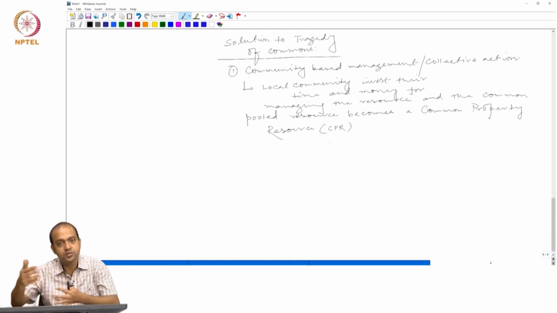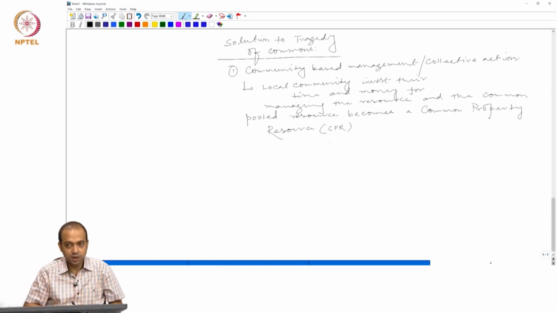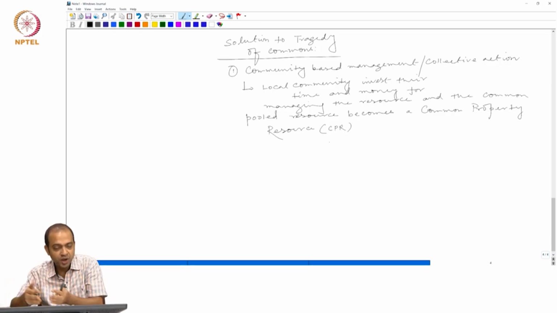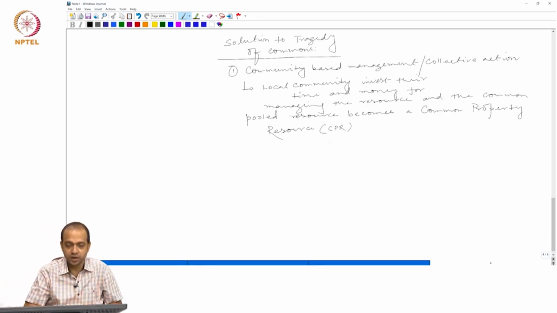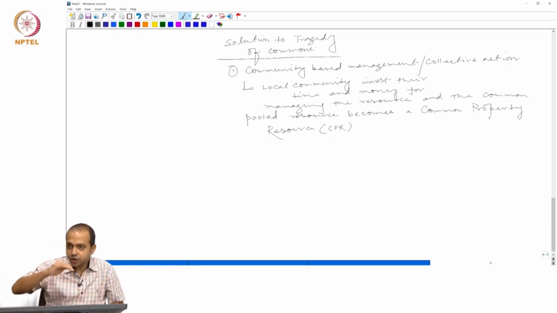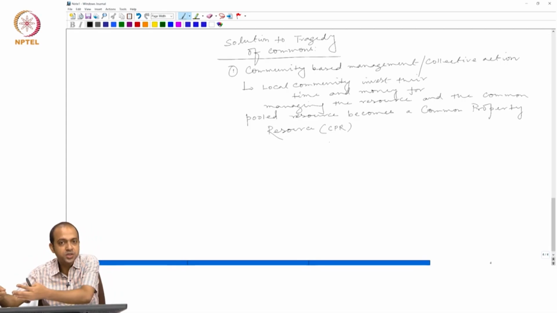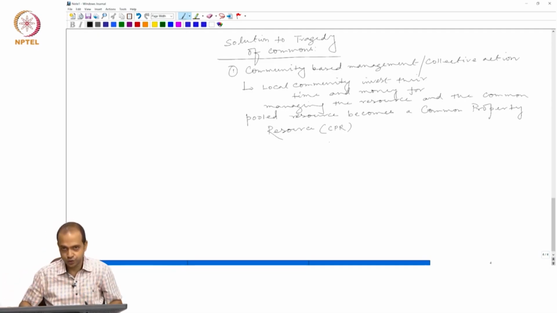So, that again becomes a game theoretic kind of situation. Every individual in the community thinking, let others in the community manage the resource and I will free ride. Okay? So, that means there needs to be a leader in the community who will ensure the critical number of individuals are actually participating and managing the resource.